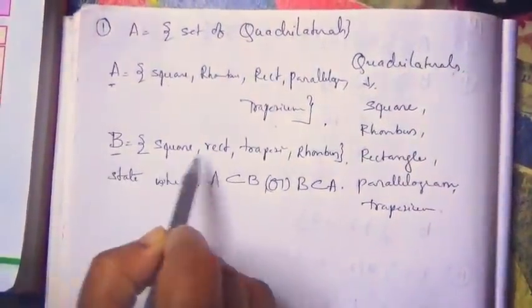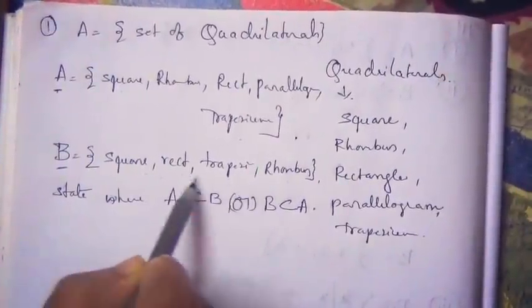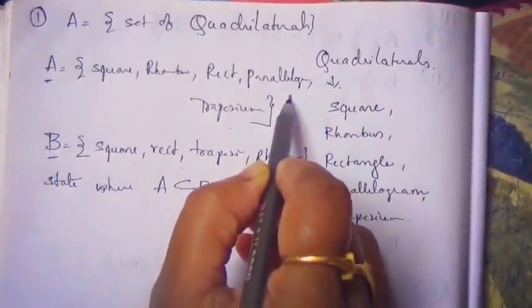In set B we have 4 elements. In set B we didn't have this parallelogram, right?